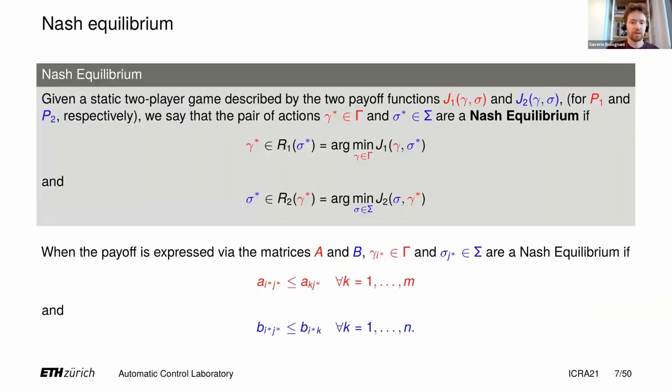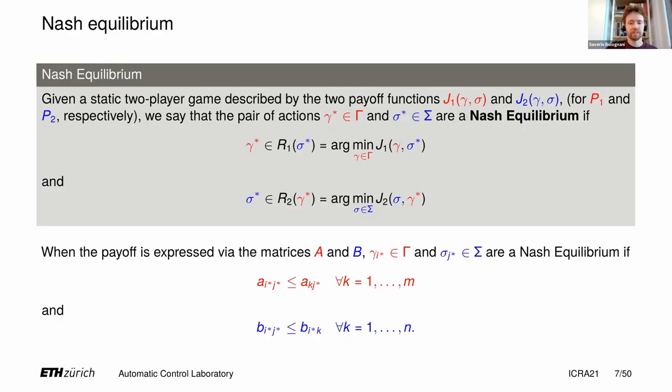The Nash equilibrium, it's simply the fixed point of best responses. What does it mean? It means that if you have a two-player game and they have their own two payoff functions for P1 and P2, then we call a Nash equilibrium a pair of action gamma star and sigma star, such that gamma star is in the best response to sigma star, and sigma star is in the best response to gamma star.